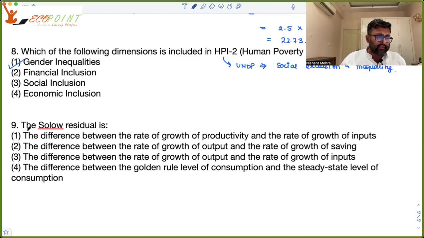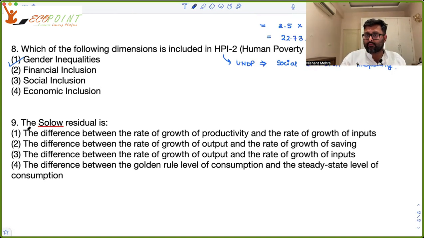The Solow residual tells you how much of the output is growing due to factor productivity growth, rather than because of the increase in inputs, growth in capital, growth in labor. So it is the difference between the growth of output and the growth of inputs. Right? Okay, I hope this was useful to you. Thank you, beta.